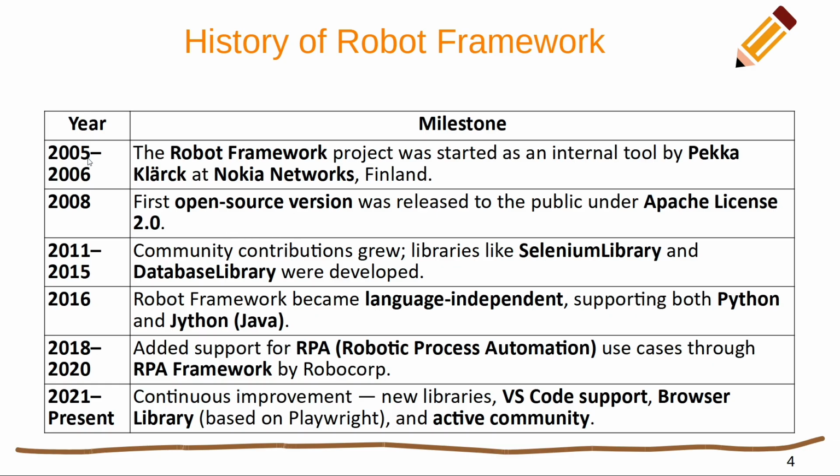Then in 2008, the first open source version was released to the public under Apache license 2.0. Then from 2011 to 2015, community contributions grew. Libraries like Selenium library and database library were developed.